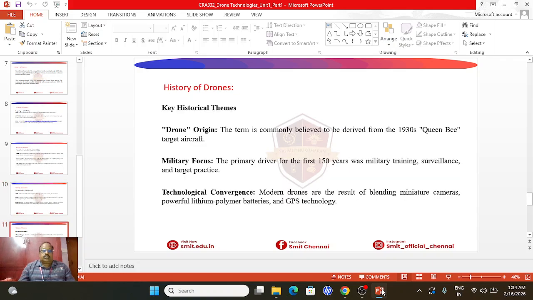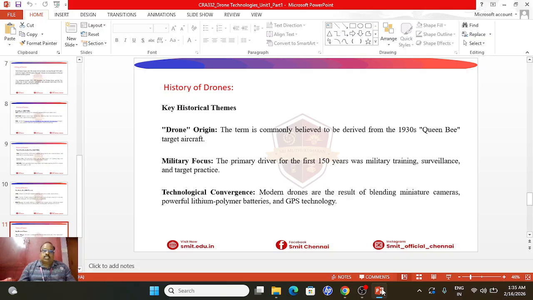And key historical themes here: drone origin. The term is commonly believed to be derived from the 1930s Queen Bee target aircraft. In the military focus, the primary driver for the first 50 years was military training, surveillance, and target practice.